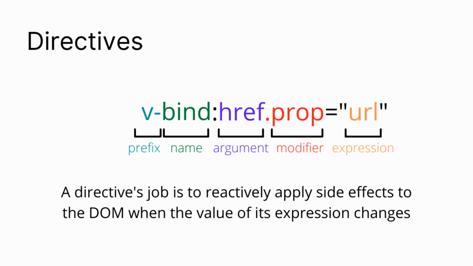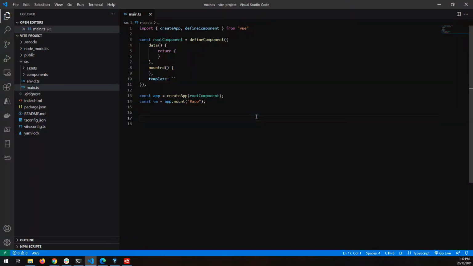It doesn't have to have all the 5 parts, but at a minimum it should have the prefix and the name. All directives must start with v dash, and then next to it is the name of the directive. Let's first take a look at a directive with just the v dash and its name.